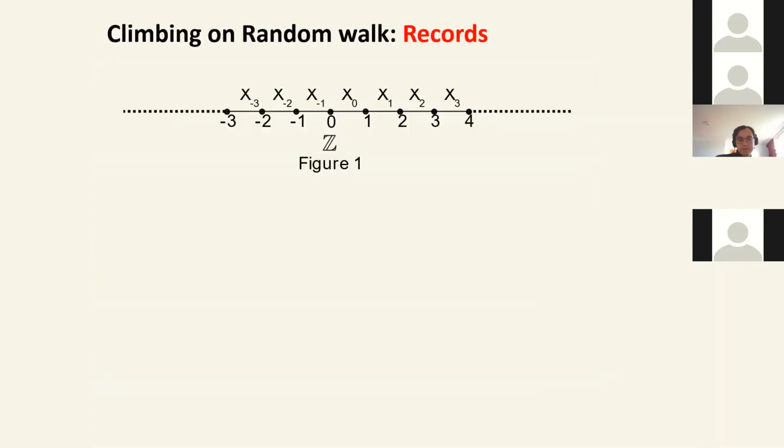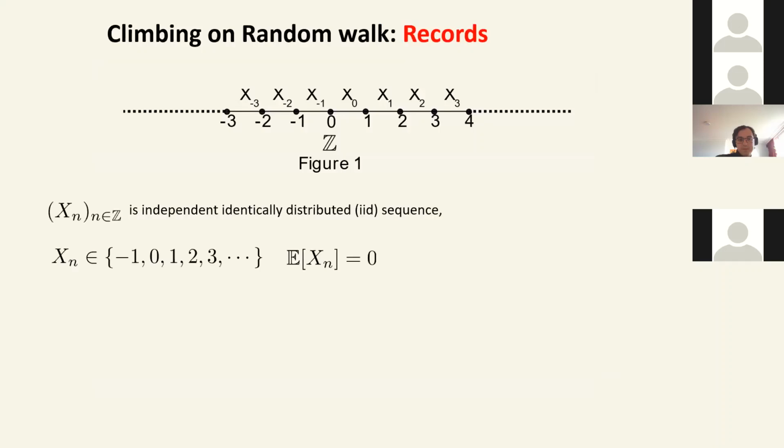So I would define what I mean by climbing on a random walk. I take a sequence of IIDs. I call them marks, and they are indexed by the integers. I can visualize them on Z, putting these increments on top of the edge between every index. These increments take values in -1, 0, 1, 2, 3, and so on, such that the expectation is 0.